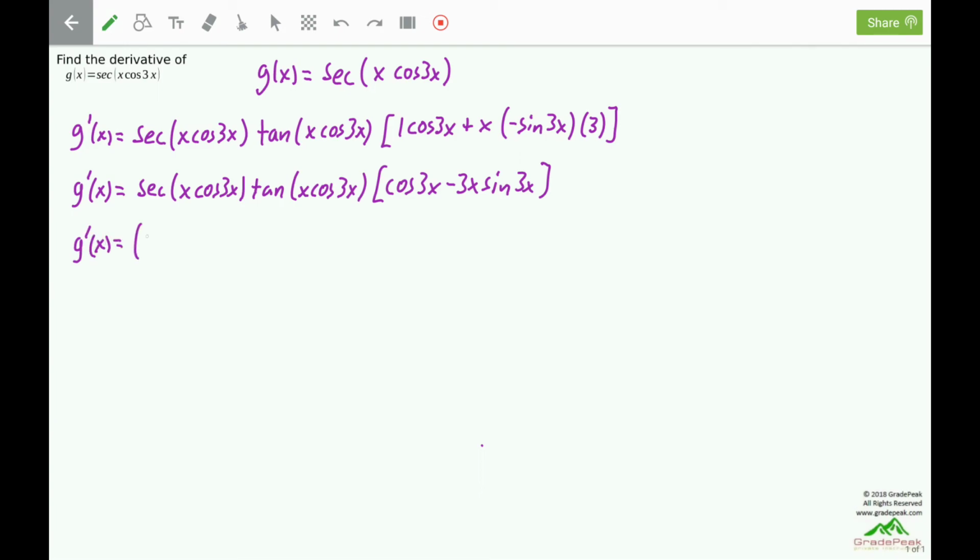I'll just turn it into parentheses now, but it's cosine 3x minus 3x sine 3x, all times the secant of x cosine of 3x and the tangent of x cosine 3x. And there's our derivative, g prime of x.